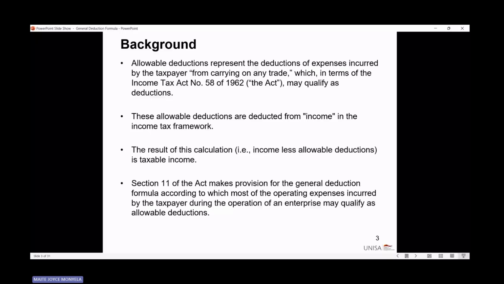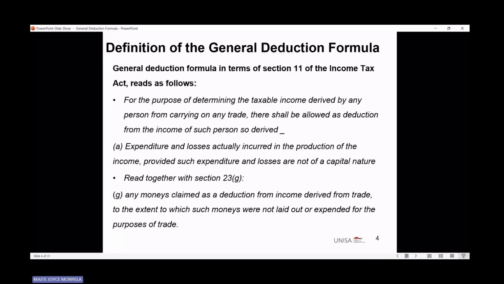Most of the operating expenses incurred by the taxpayer during the operation of a trade may qualify as an allowable deduction. So let's start with the general deduction formula. Today we are going to do the general deduction formula requirements, the definition of the general deduction formula, and section 23.